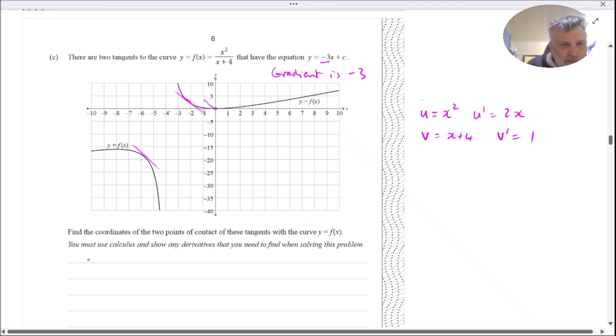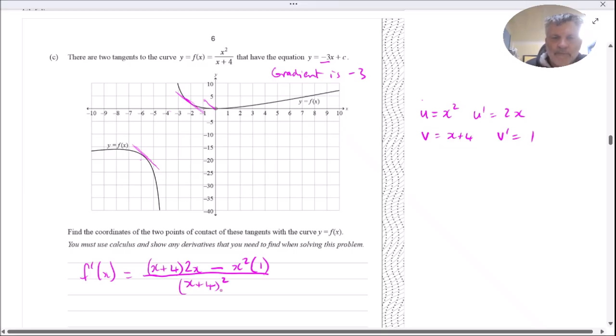I prefer just to dive straight in when the derivatives are simple things that we can do in our head. Write down the denominator, that's v, multiply by the derivative of the numerator, 2x. Take off, write down the numerator, multiply by the derivative of the denominator, and divide all of that by the denominator squared. And we want this to be -3.